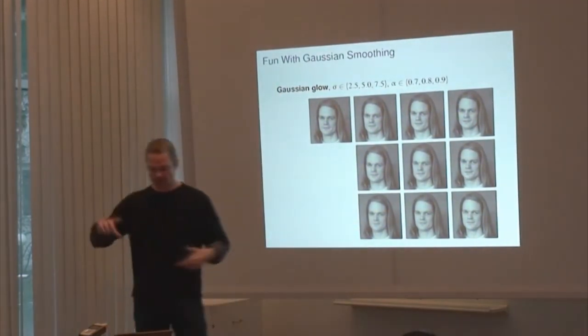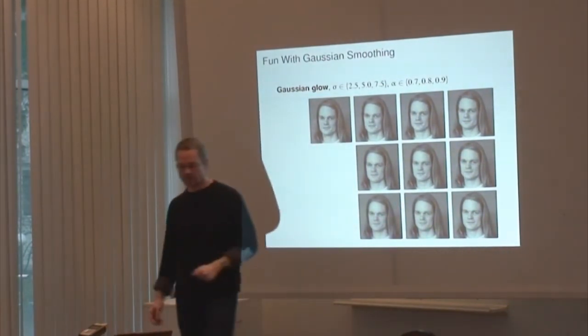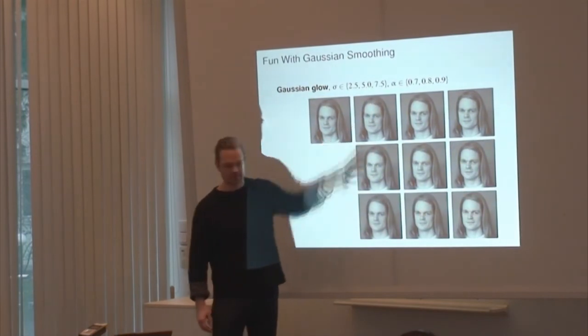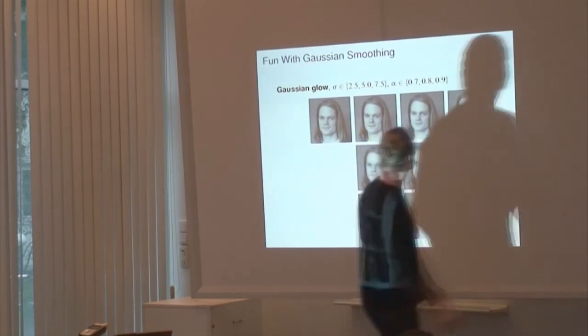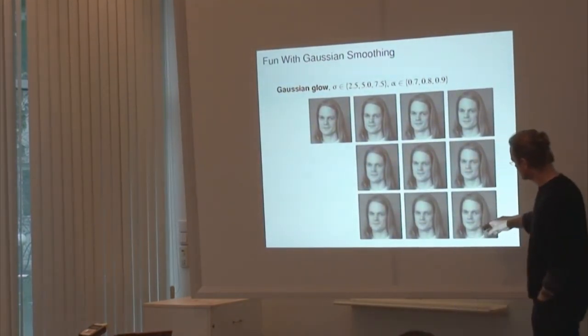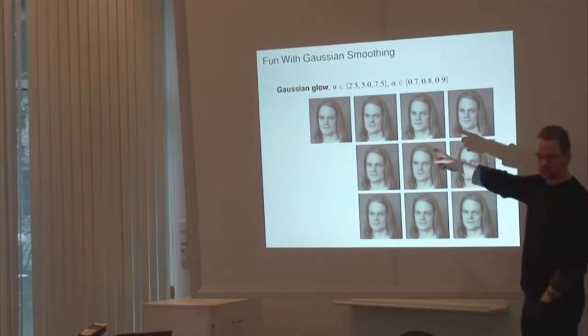So rather a large blurring kernel, and not so large a value of alpha. Which is to say, if we choose this alpha to be large, then the content of the new images basically comes from the original. Right.